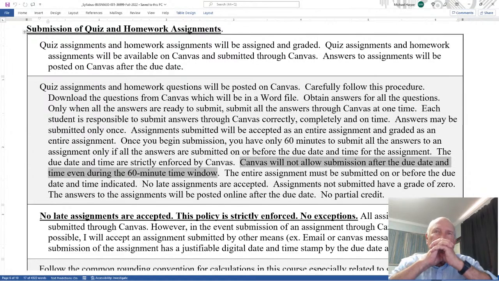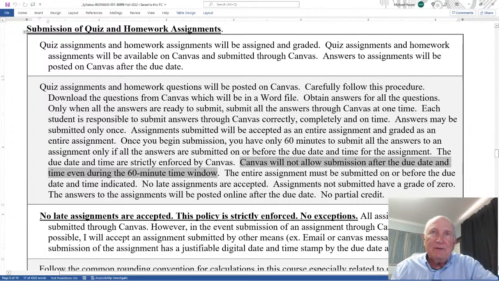If they're due at 11:59 p.m. and you open it to submit all your answers at 11:58, you have 1 minute to do it. In 1 minute, it'll close, and you can't submit anymore. Whatever you submit, boom, that's your submission. So again, I'm telling you up front, be very careful with your submissions because no late assignments are accepted. After that, it's late.